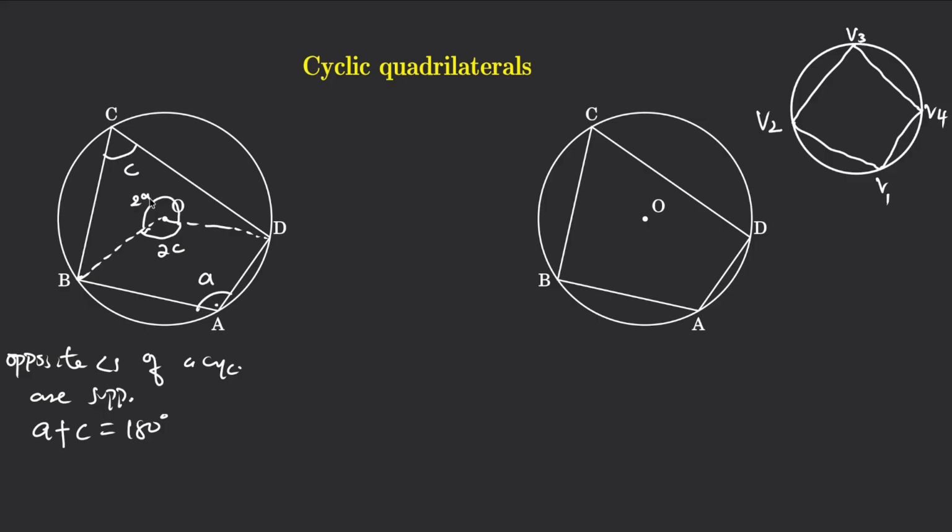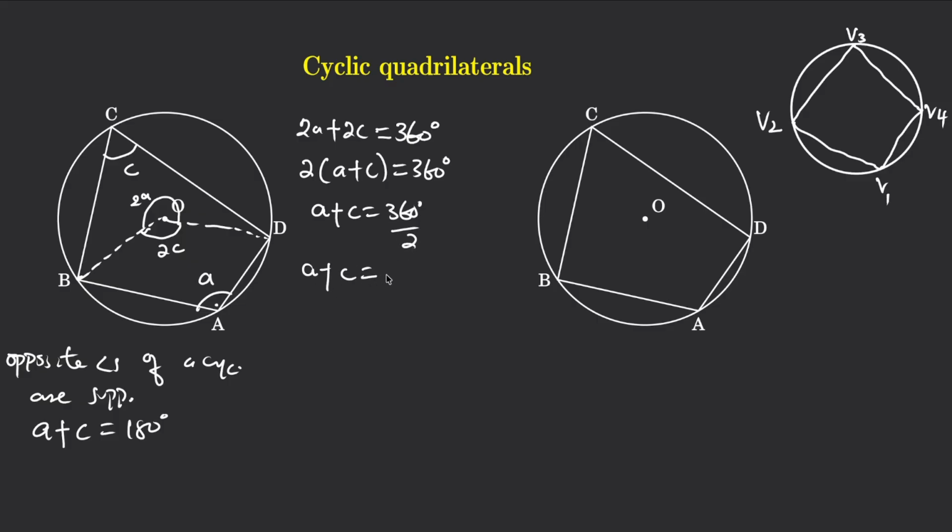This is going to be 2A. So when we add 2A and 2C together, both of them are angles at the point, so this is equal to 360 degrees. And 2 is common, so we pick A plus C right inside the parentheses equals 360. And so A plus C equals 360 divided by 2. So A plus C is equal to 180 degrees, which further establishes this.